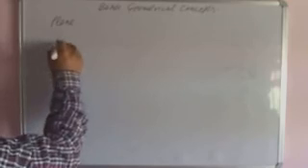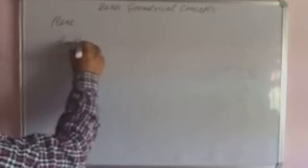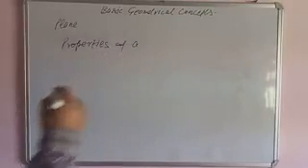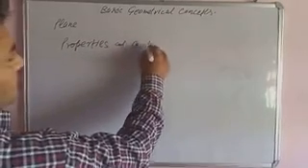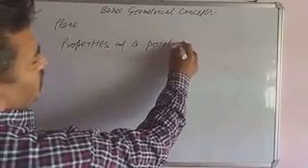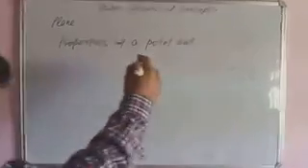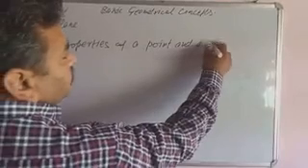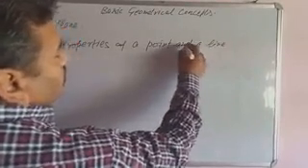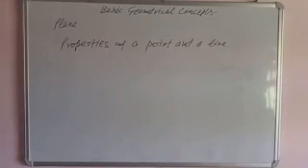So next we have the properties of a point and a line. What are the properties of a point?